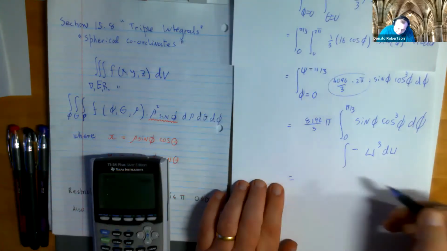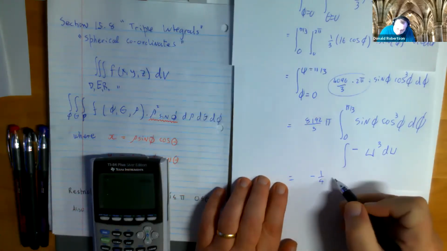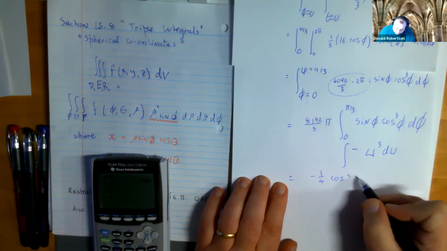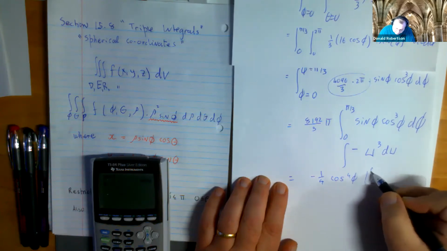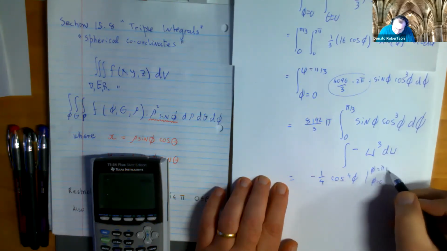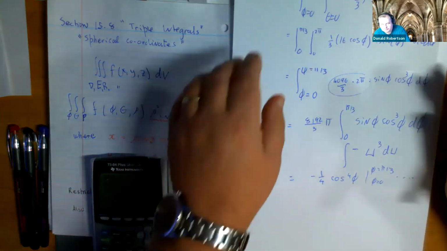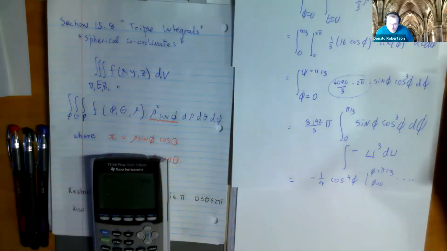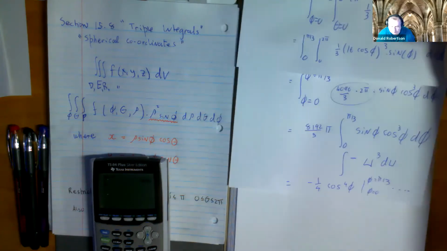And that guy is going to get you negative 1/4 u to the 4. So you're going to get that fella evaluated at 0 and pi. Okay, I've done enough. Dot, dot, dot. Right. That question just kept on going.